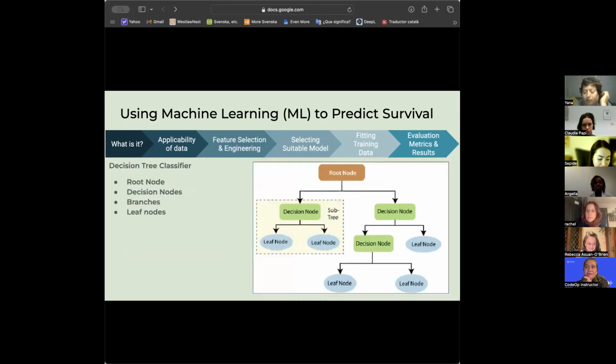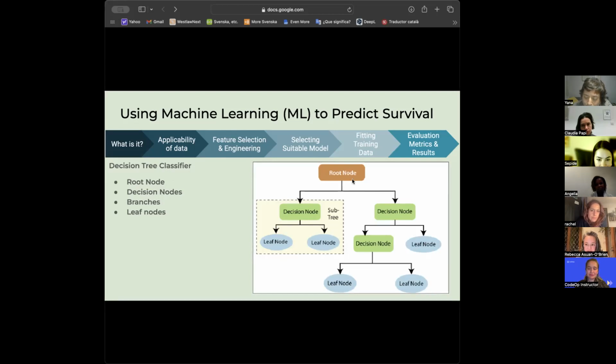Rebecca will help me explain decision trees and random forest classifiers. Thank you. So we also used a decision tree model to explore our data. And as you know, decision trees use a kind of flowchart or a tree formation to make a series of choices and reach conclusions. And then those conclusions are pooled at the end to provide a predicted outcome.